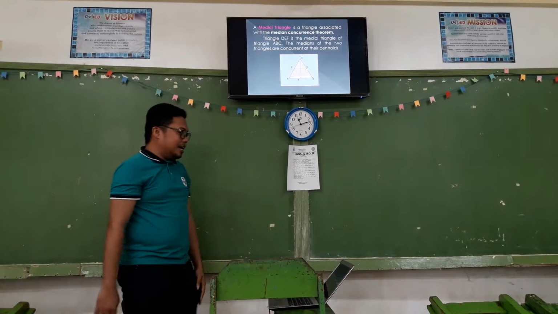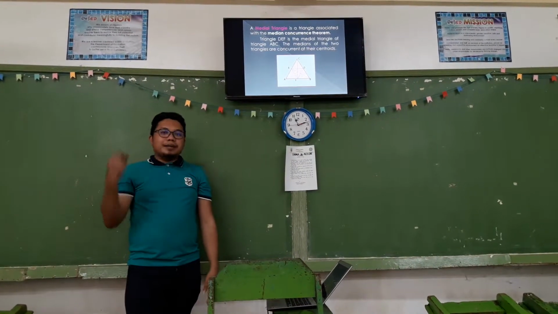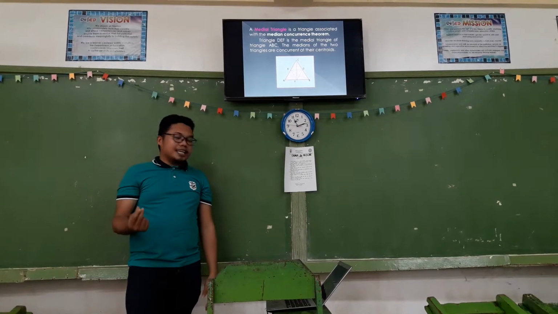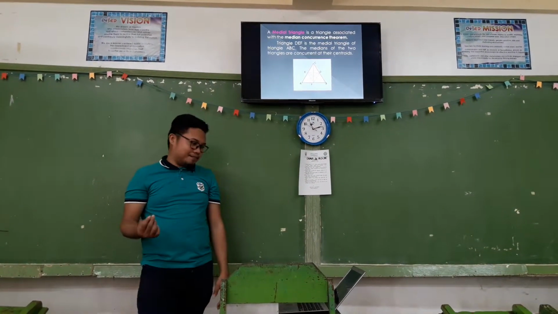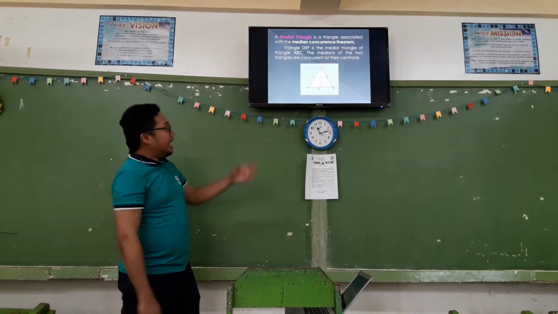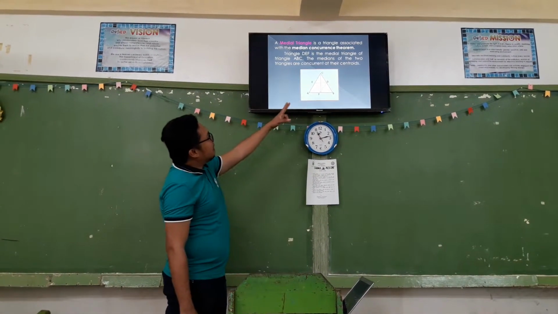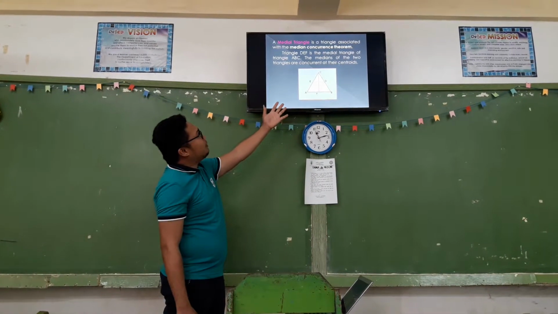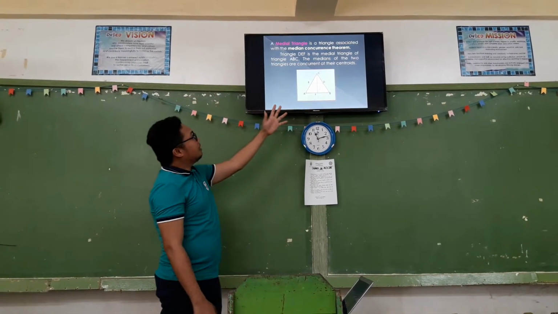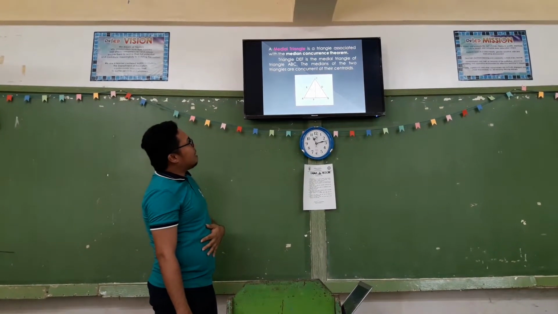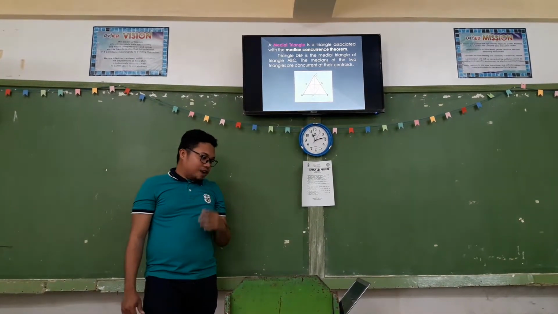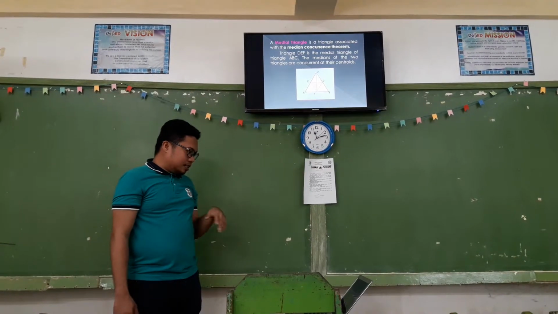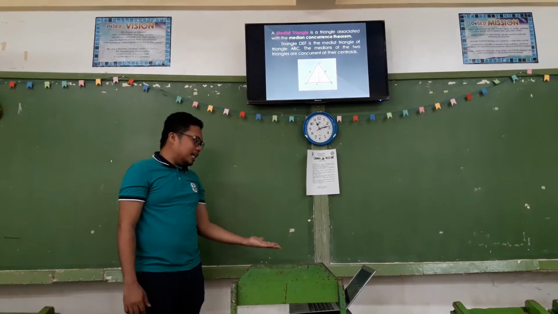Next, we have a medial triangle. A medial triangle is a triangle associated with the median concurrence theorem. Triangle DEF is the medial triangle of triangle ABC. The medians of the two triangles are concurrent at their centroids. How did we create the medial triangle?